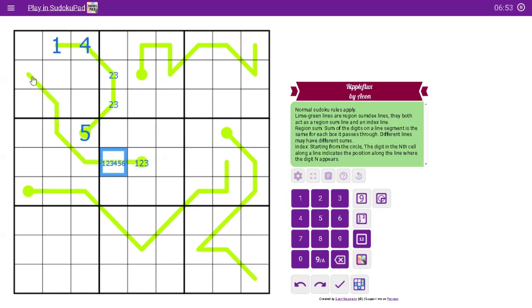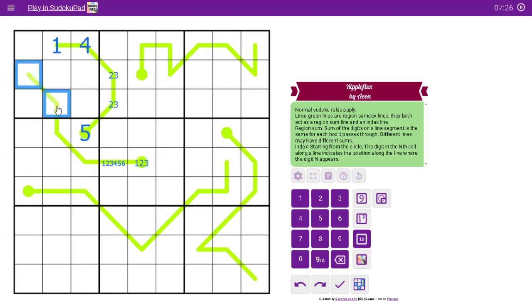Okay. And the reason is because remember, these are indexing. The digit here tells us in what position the 5 goes. It's the fifth cell along the index line. So if you make this sum to 5, and I put a 2 or a 3 here, it's saying write 5 here or here, but then the region sum will break because you'd have this 5 plus something else, and the sums will not work.